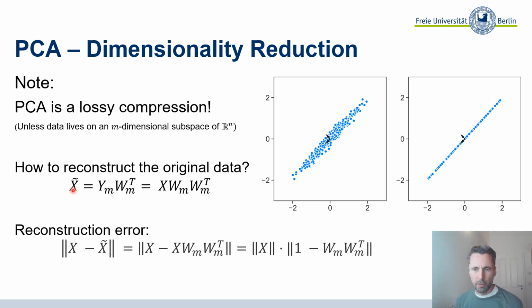So for example, think of y being the one-dimensional data points, and then we multiply them by this one principal component that we found, right? And by this we scale this one vector, this first vector here, and so we obtain this reconstruction.